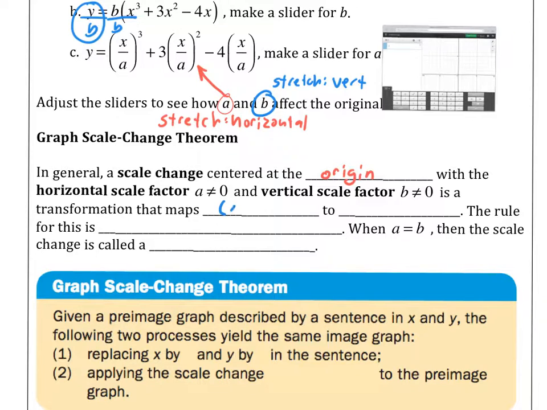We start with some x, y, and here's how it changes. The x is multiplied by the a, and the b multiplies the y.